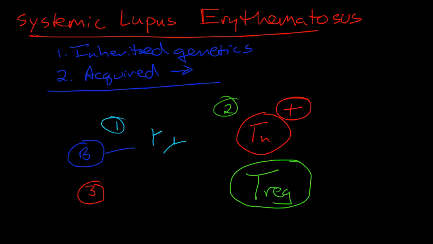is that there is abnormal cell breakdown or apoptosis. It's not that there is necessarily more breakdown of cells, but when they do break down, all of their parts aren't broken down completely.